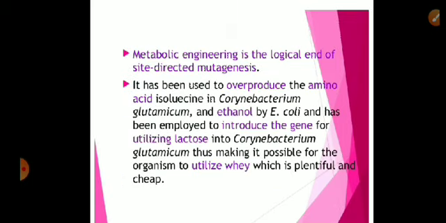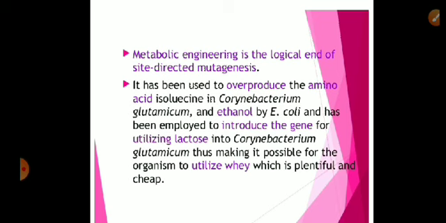Metabolic engineering has been used for developing strains that give more antibiotic production or a different type of product. For example, it is used for overproduction of the amino acid isoleucine in Corynebacterium glutamicum, and ethanol by E. coli. As such, E. coli doesn't produce ethanol, but with metabolic engineering we can make E. coli produce ethanol and biopolymers like bioplastics, PHBs.